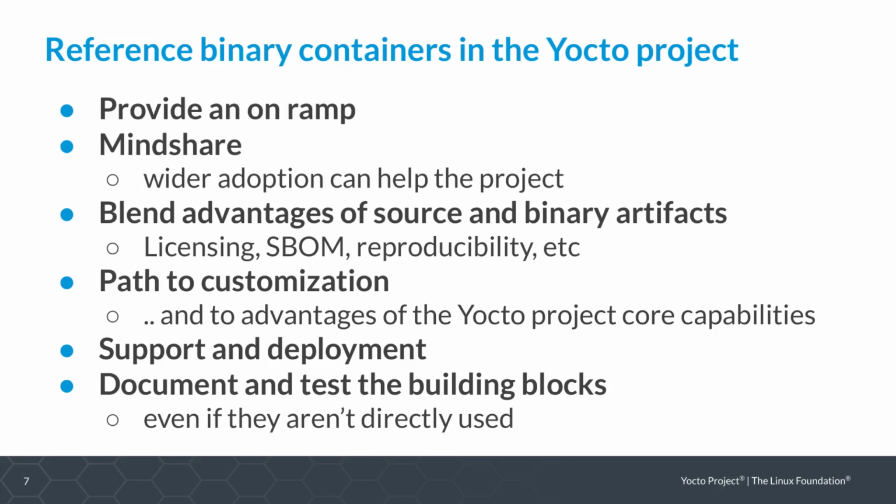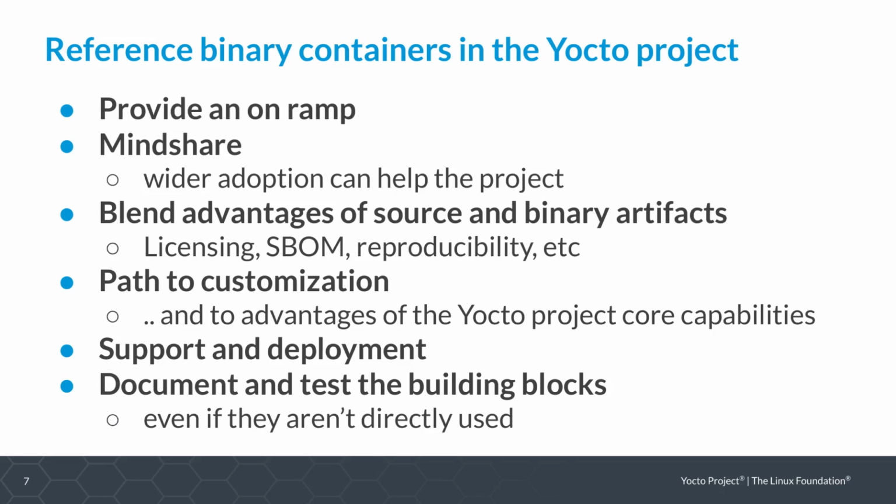So the question is, why would we want reference binary containers? It's a little bit about the same thing as the binary distribution in that sense. It provides an on-ramp, if you will, for the more casual or application developer, somebody who is not a systems engineer. If they want to develop against an SDK or an eSDK, then they can do it in a container. And the mind share.